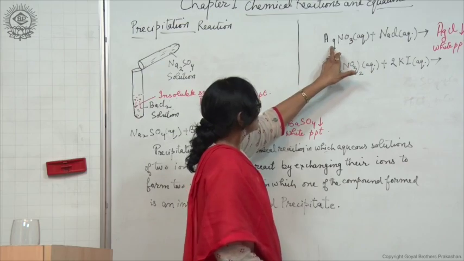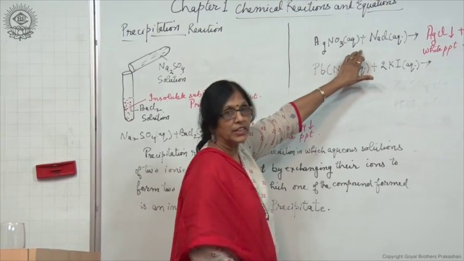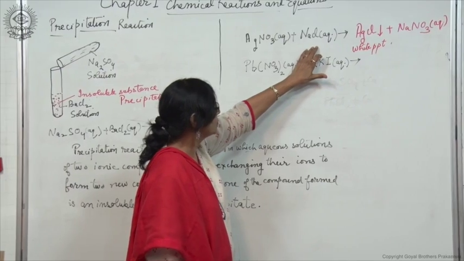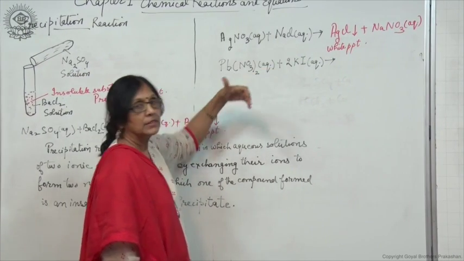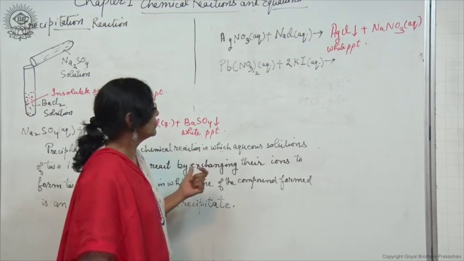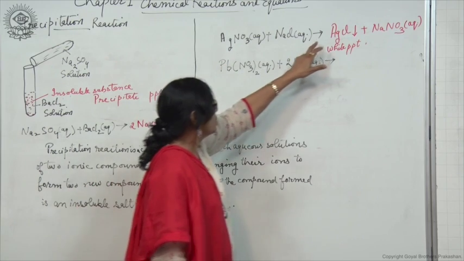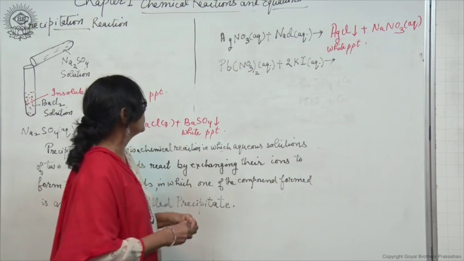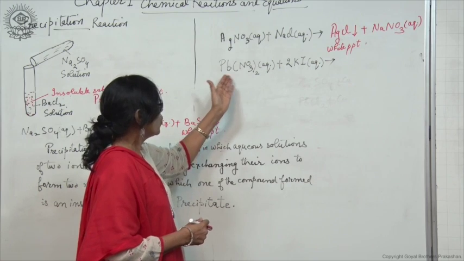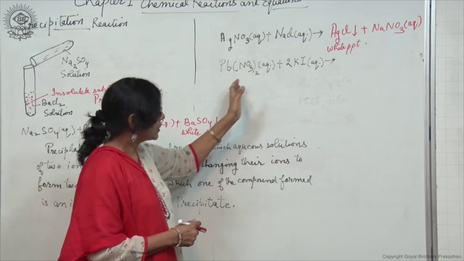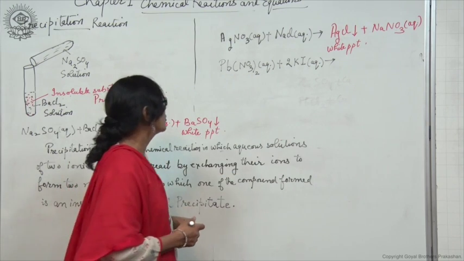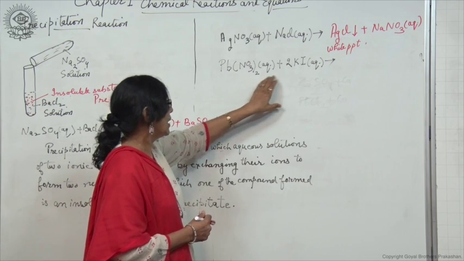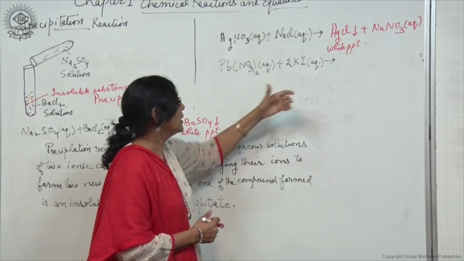Some more examples. This we have already discussed, it is an example of a double displacement reaction and also a precipitation reaction. Here a white precipitate of AgCl has been formed. One more example of a precipitation reaction as well as a double displacement reaction is the reaction between lead nitrate solution and potassium iodide solution in water.